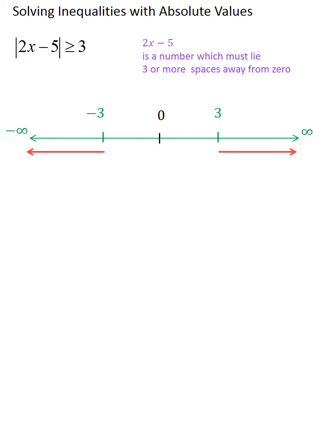If 2x minus 5 is in this region here, then 2x minus 5 must be 3 or higher, which could be represented this way. On the other hand, if 2x minus 5 is in this region over here, then it must be below negative 3, or less than or equal to negative 3.